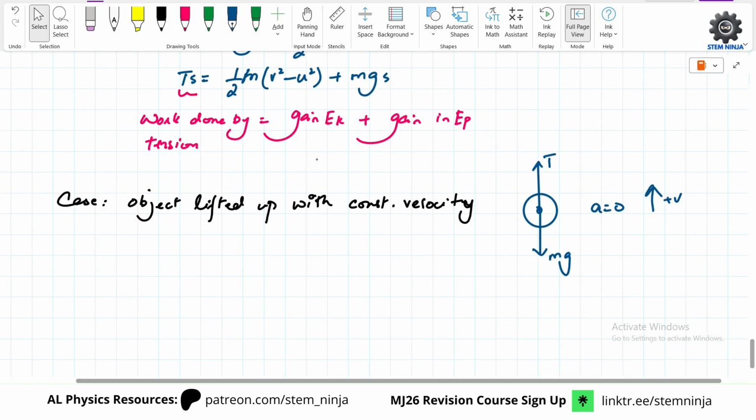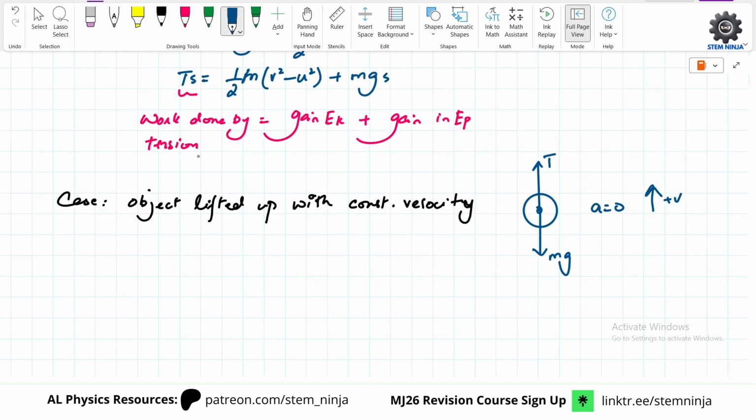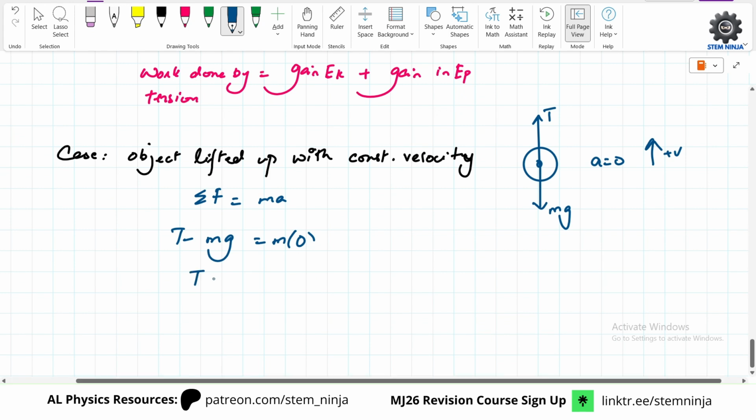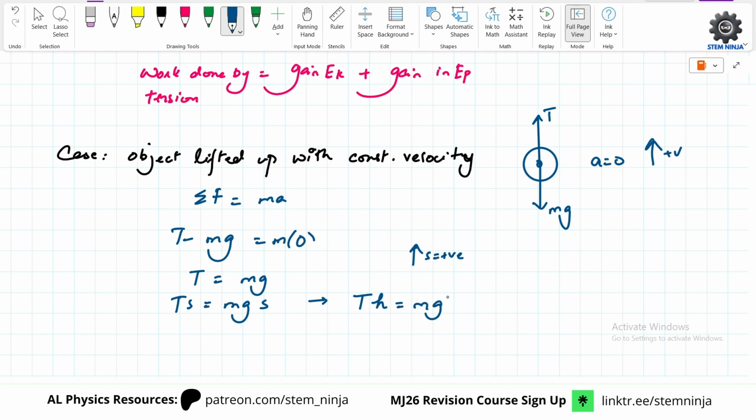So how would we crack this one? The same way as we did before, just one minor change. You will have T minus mg equals m times 0. So basically T is equal to mg. This direction is positive. So this would become Ts equals mgs. Or a more easy way, Th is equal to mgh.